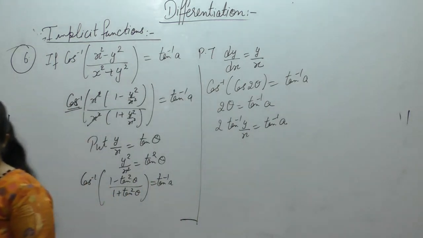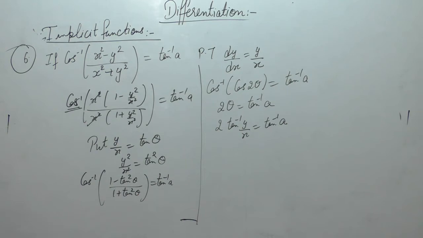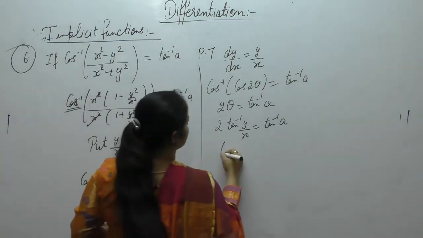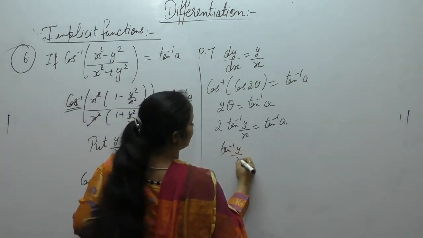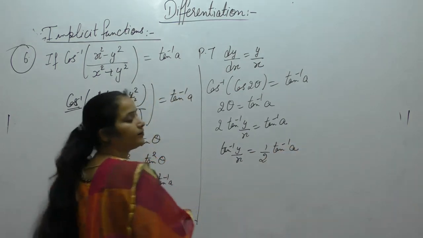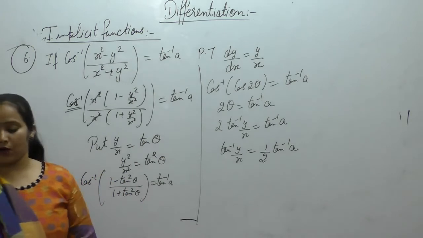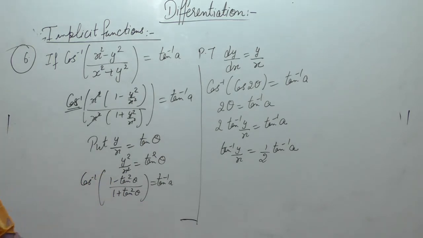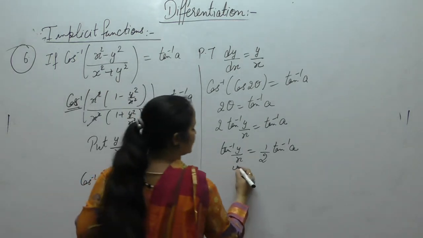Is it clear up to here? Now tan inverse y upon x is equals to 1 by 2 tan inverse A. Clear? Now in the next step we will remove tan inverse from here.